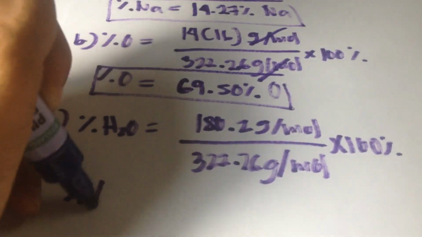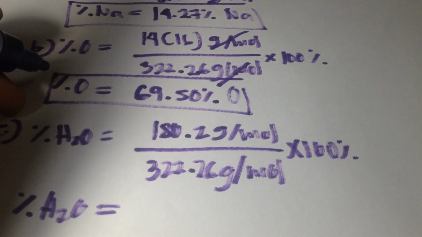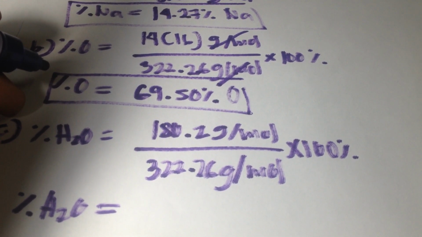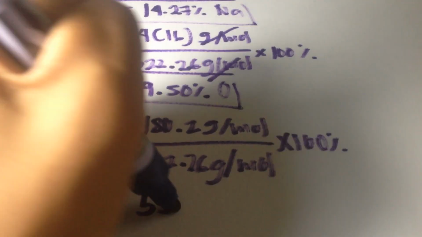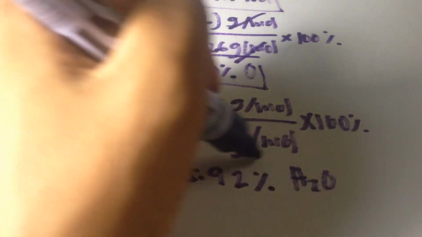So percent of water is 180.2 divided by 322.26 times 100%, which is 55.92% of water. Okay, that's it.